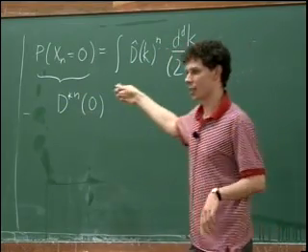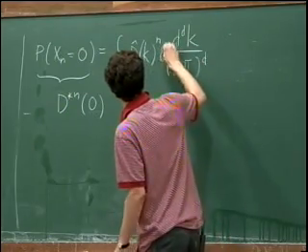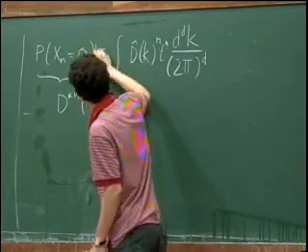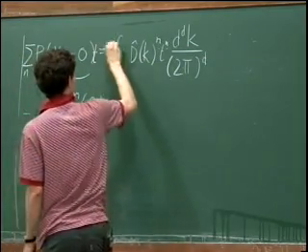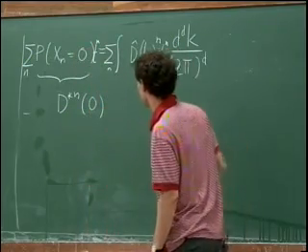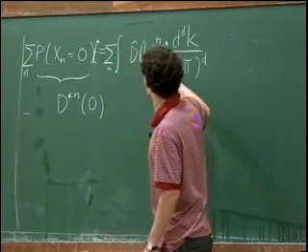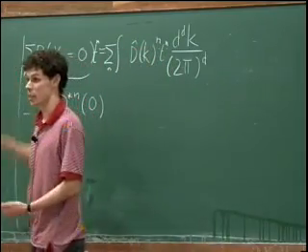But it's easy to get around this by inserting a t to the n on both sides before taking the sum over n, where t is less than 1.